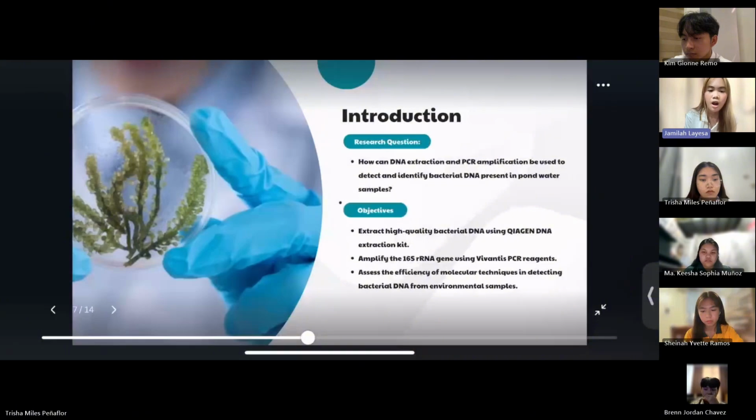And lastly, our third objective is to assess the efficiency of molecular techniques in detecting bacterial DNA from environmental samples. Through this process, we aim to demonstrate that molecular approaches, particularly DNA extraction and PCR, provide faster and more accurate results compared to those conventional culture-based methods.